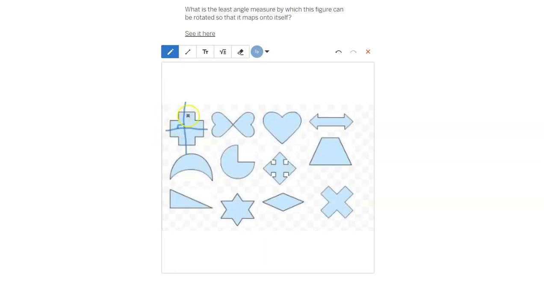So this has a 90-degree rotational symmetry before it maps back onto itself. This, on the other hand, has a 180-degree rotational symmetry before it maps back onto itself.